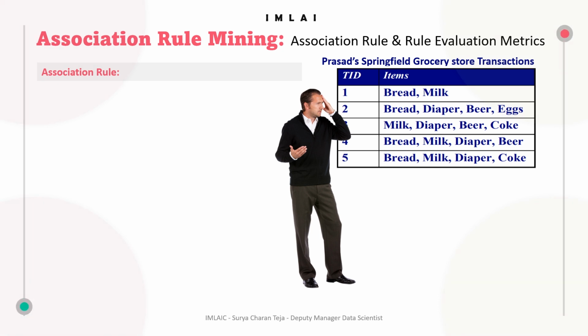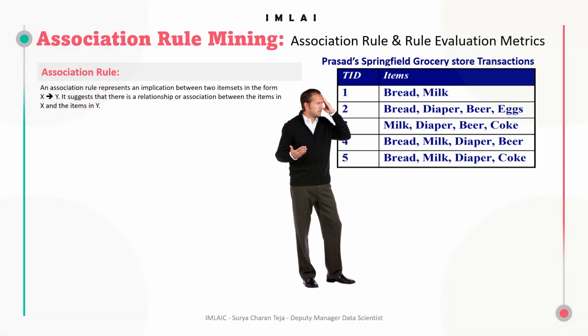An association rule represents an implication between two items in the form of X tends to Y. It suggests that there is a relationship or association between the items in X and the items in Y. That's what X tends to Y, or an association rule, says.